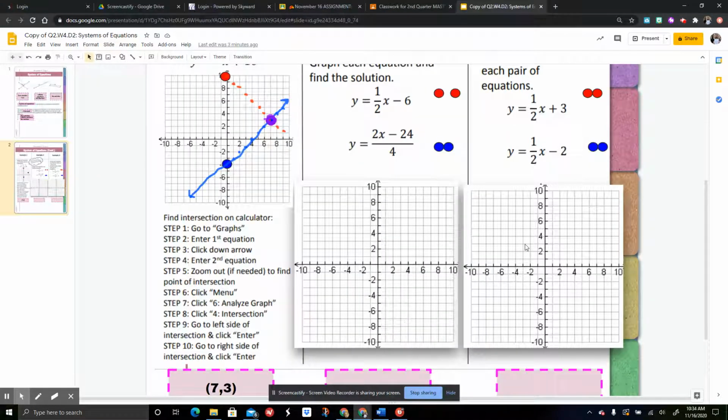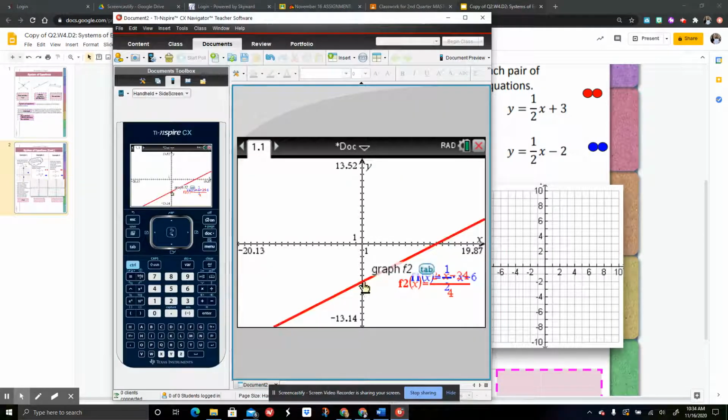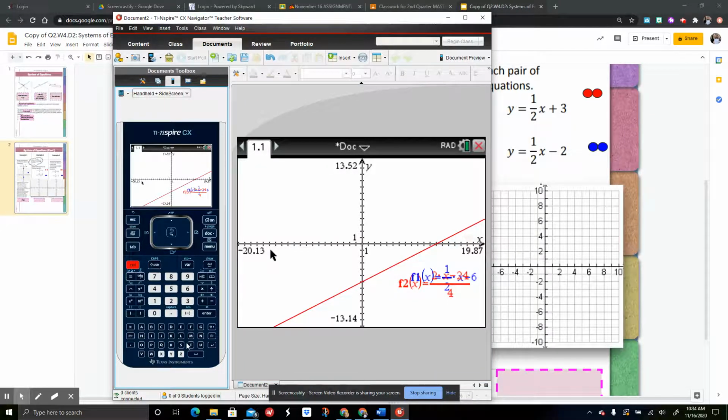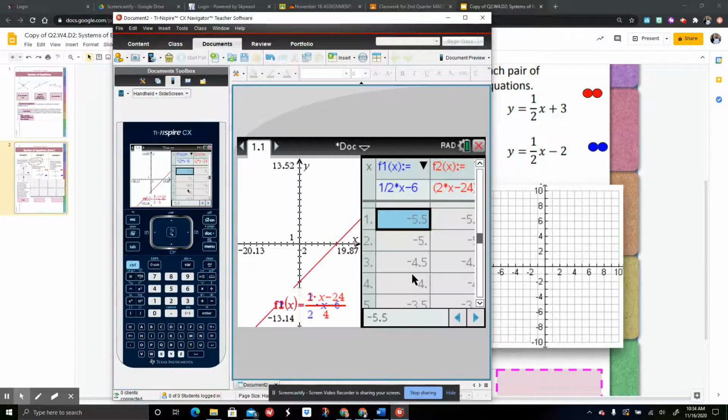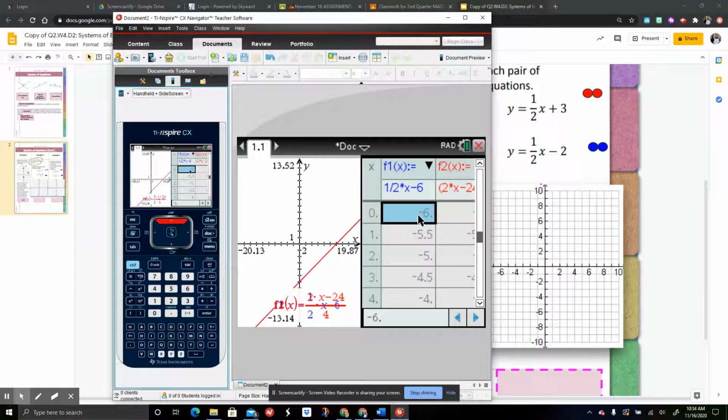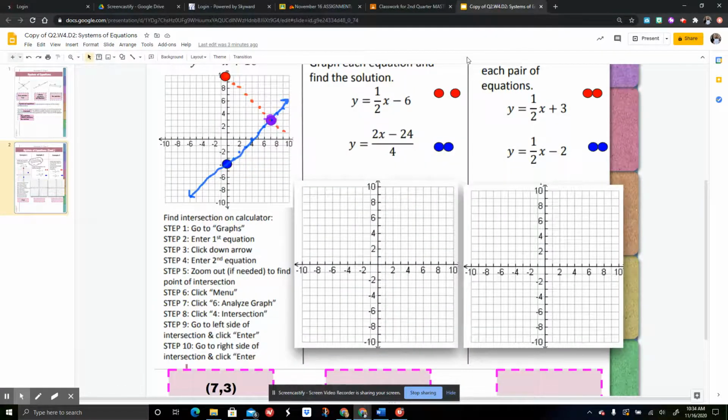So for our notes, we'll pull the calculator back up for a second, and we will get a couple of points. We have this point here, which is Control T. If you look at where x is 0, it's at -6. And then at 4, it's at -4. So we can put a point at 0, -6.